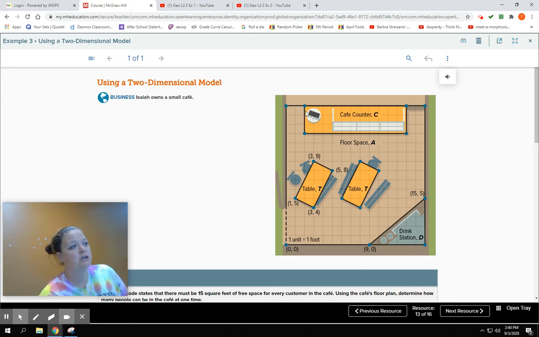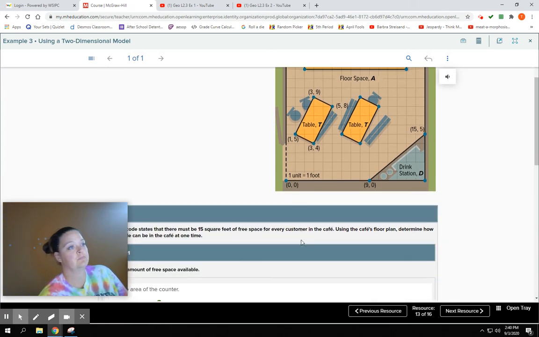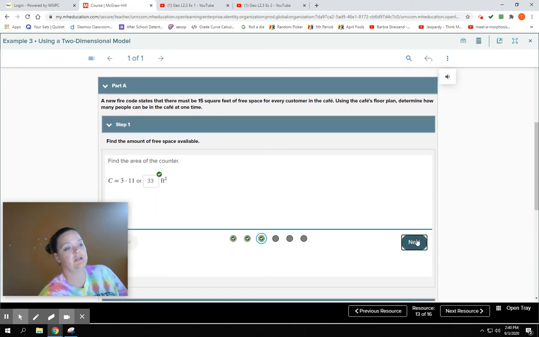The counter is 3 by 11, so that's why we're going 11 times 3, or 3 times 11. So that's where they're coming up with these different numbers here, in case you were wondering.